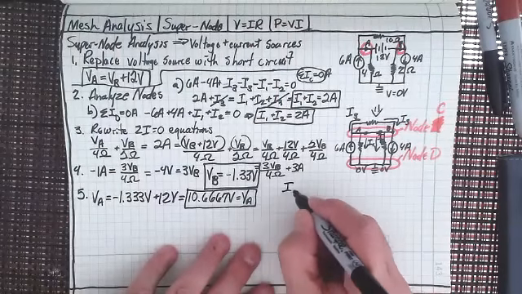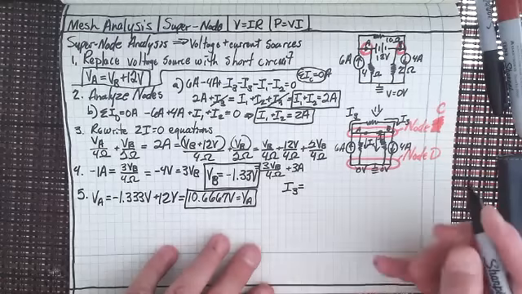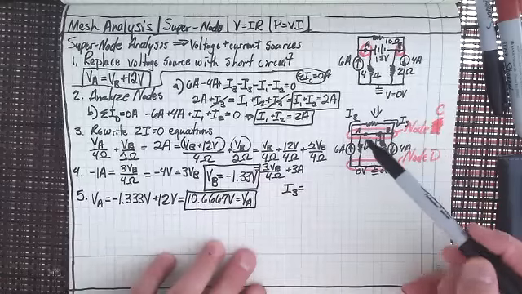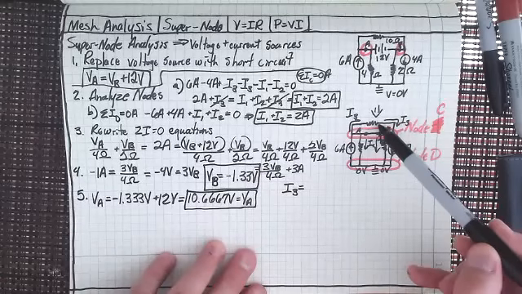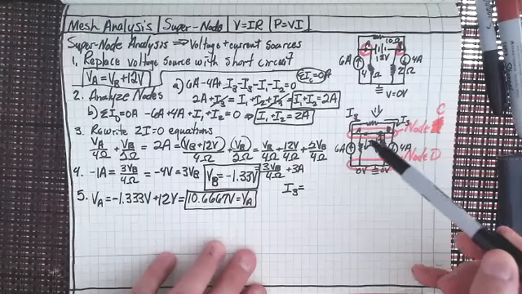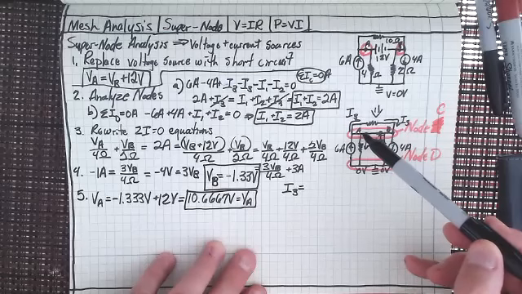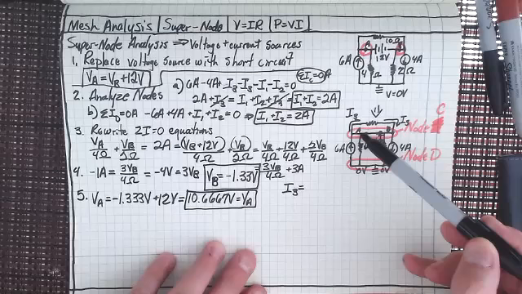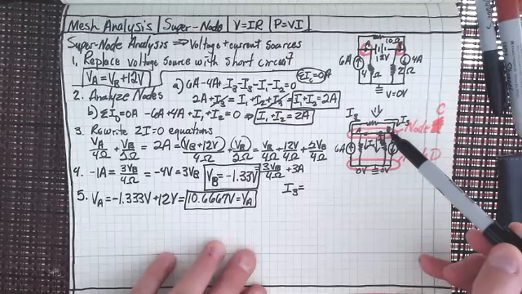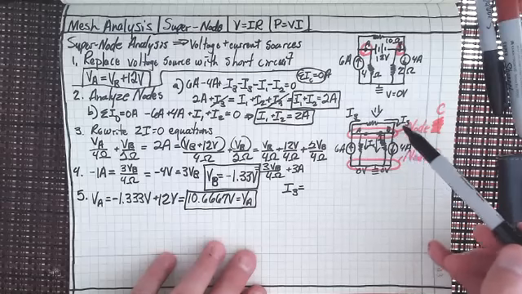So I3, right? When we look at I3 here, we're going through the 10 ohm resistor, and we're going from 10.67 volts to minus 1.33 volts. And of course, that's going to be 12 volts, right?